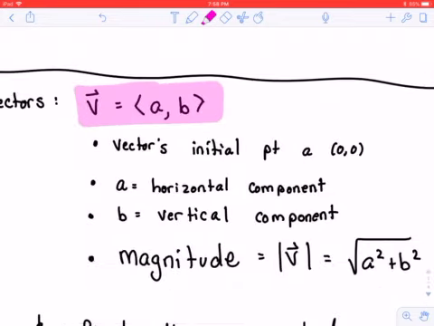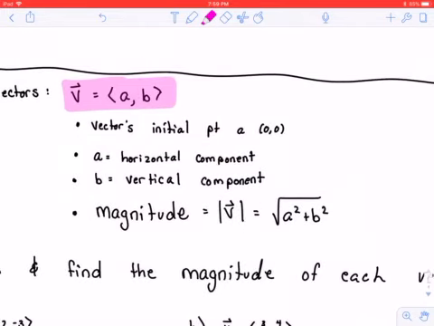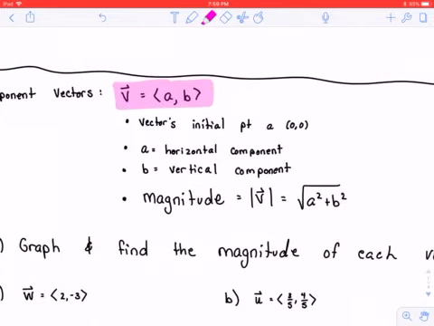Although AB does kind of represent a point in a way, it's the terminal point of the vector. So anyway, some parts of this, so you understand how this works. I'm going to draw a picture next to it over here. But this vector, if it's in component form, our initial point typically when we do these is going to be 0, 0. And A is going to represent your horizontal component, and B is going to represent your vertical component.